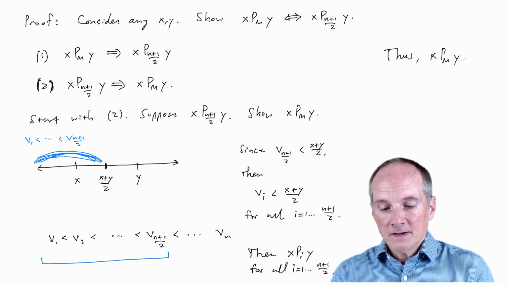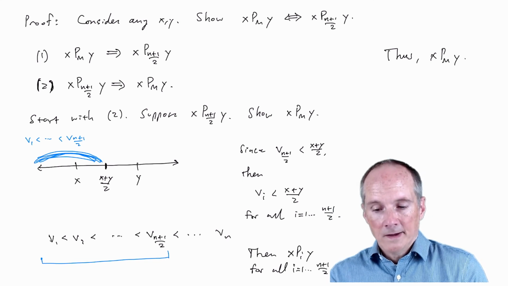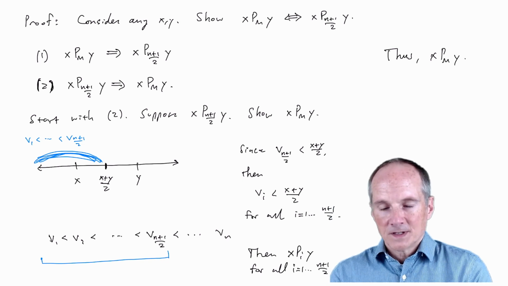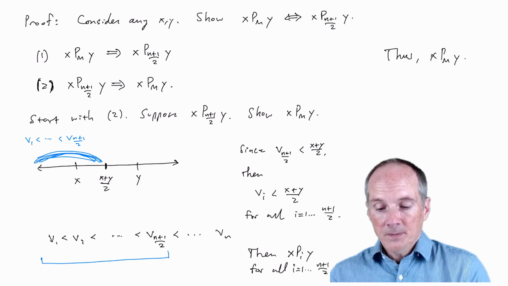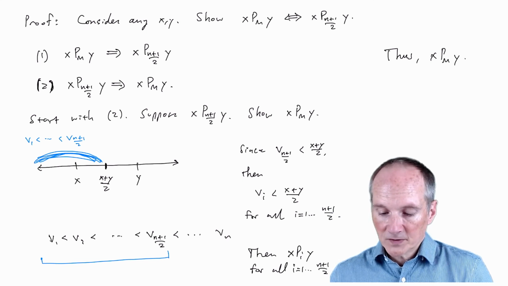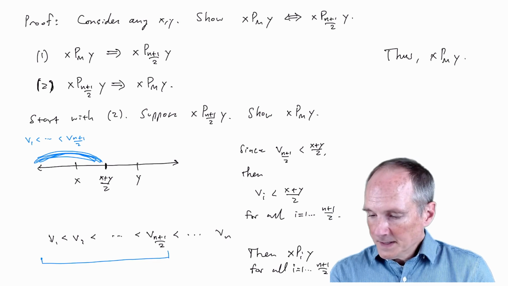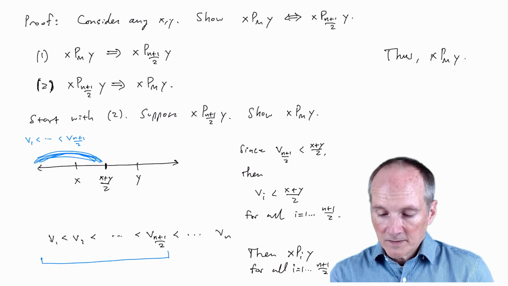And if you can find a way of being more efficient, of killing two birds with one stone, so to speak, then that can be good. It can save time and it can make the proof shorter. So that's enough on Euclidean preferences and majority voting for now.